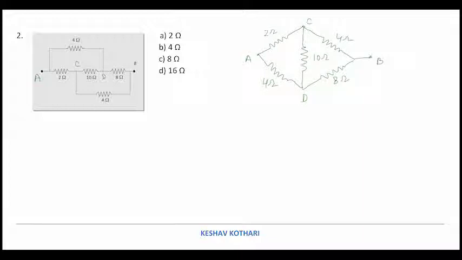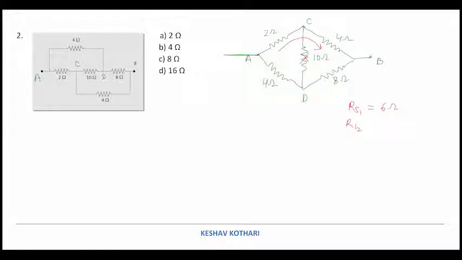Over here we can clearly see that this ratio is 1:2. Similarly, this is in the ratio 1:2. So it is a case of a balanced Wheatstone bridge, and hence I can remove the resistor in between. RS1, the series segment on the top, makes up 6 ohm.